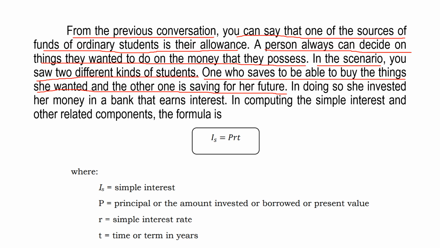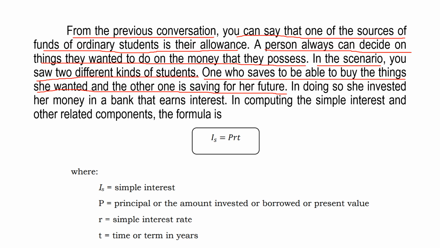It is better for us to save for our future than to buy what we wanted at the moment. Because what is important is that we are dealing with something at present to make our future better, or to change whatever our standing or situations or scenarios in life.